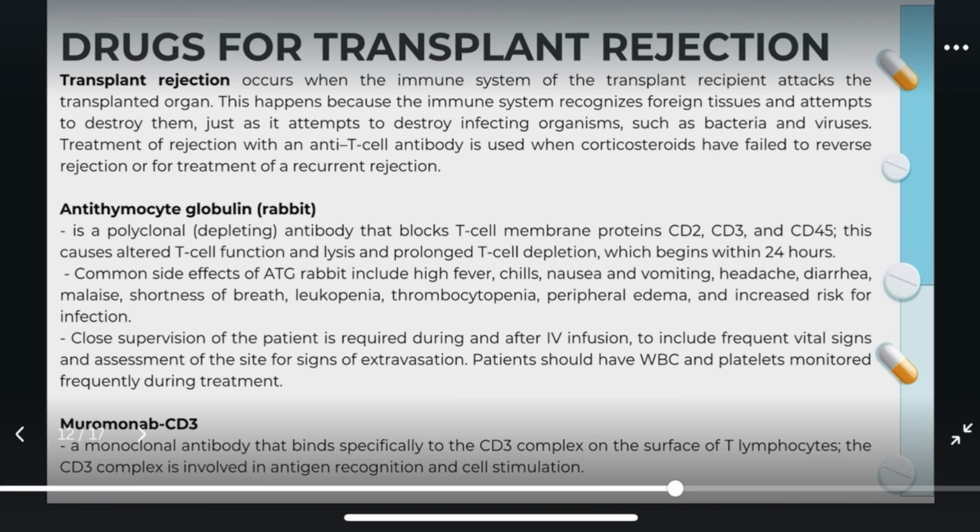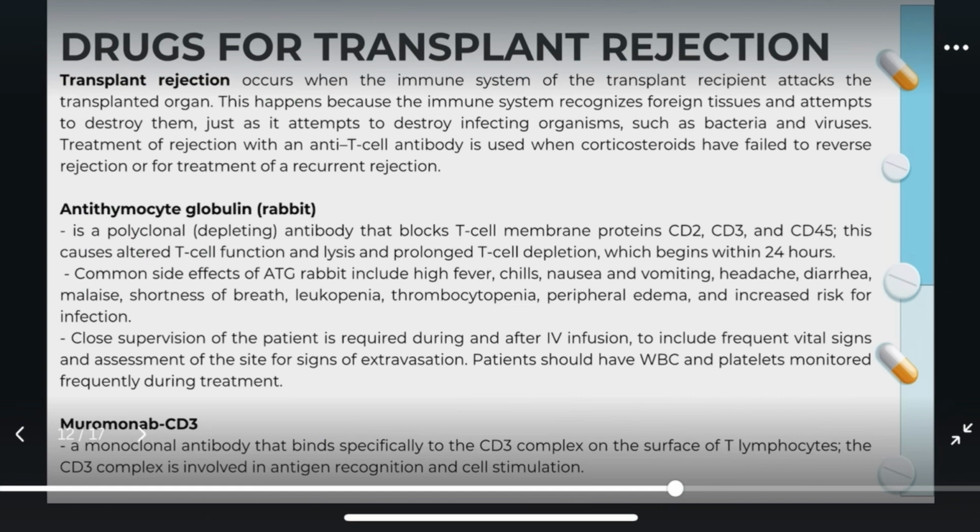This causes altered T-cell function and lysis and prolonged T-cell depletion, which begins within 24 hours. Common side effects of ATG rabbit include high fever, chills, nausea and vomiting, headache, diarrhea, malaise, shortness of breath, leukopenia, thrombocytopenia, peripheral edema, and increased risk for infection.